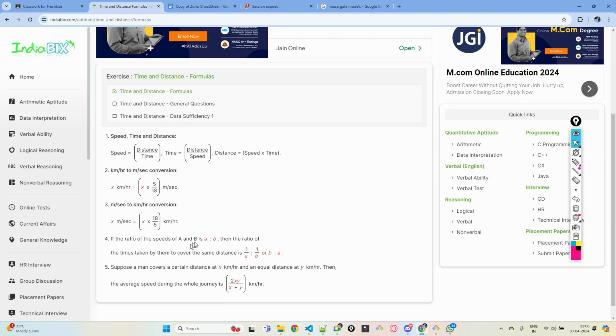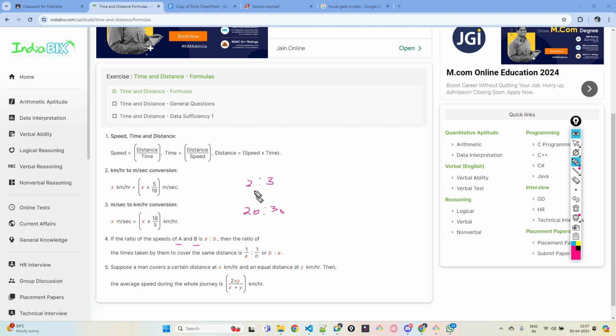Now, if the ratio of speed of A and B is A is to B, what is the ratio of times? There are two cars A and B. For example, let's take that one car is traveling at 20 kilometer per hour, and the ratio is probably 2 is to 3, so the other car will be 30 kilometer per hour.